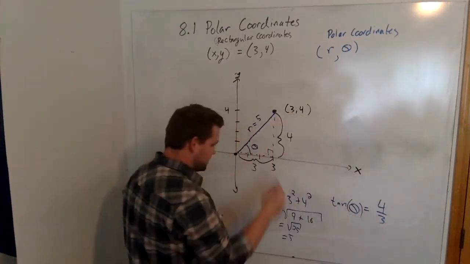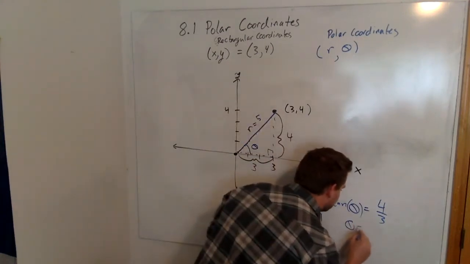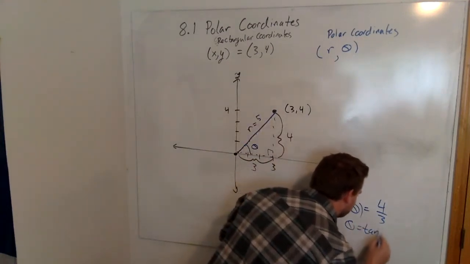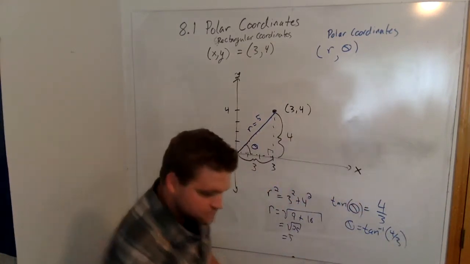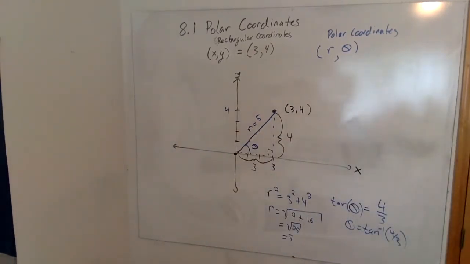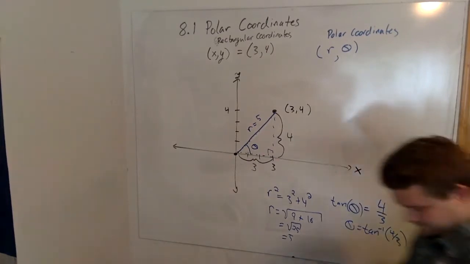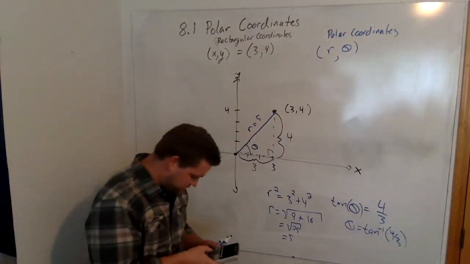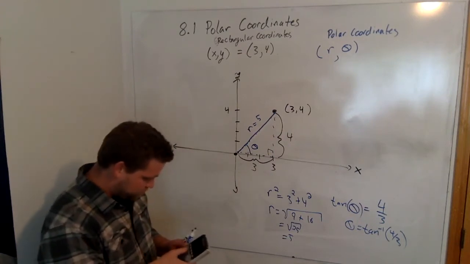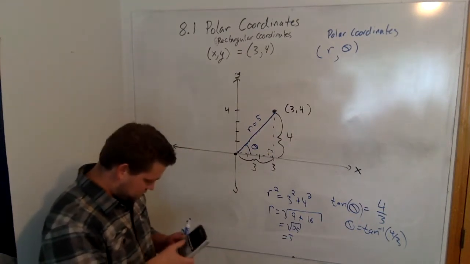We can figure out this angle by taking the tan inverse of both sides. Let's use our calculator. Let's do it in degrees for right now, and maybe we'll do both.